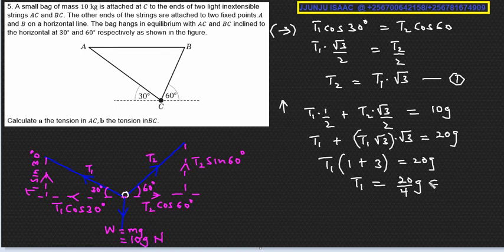And now 5G, when you press on the calculator, you get 49 newtons. That is T1. So that is done. Let us go to T2 now. By the way, this is the tension in the AC.